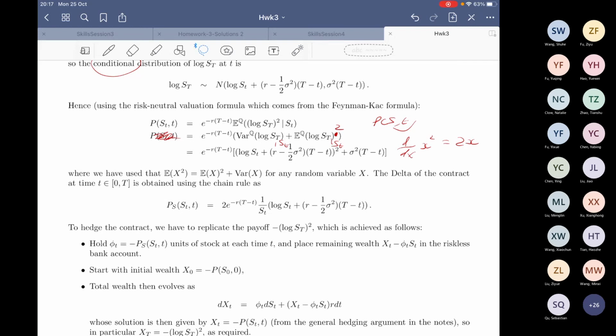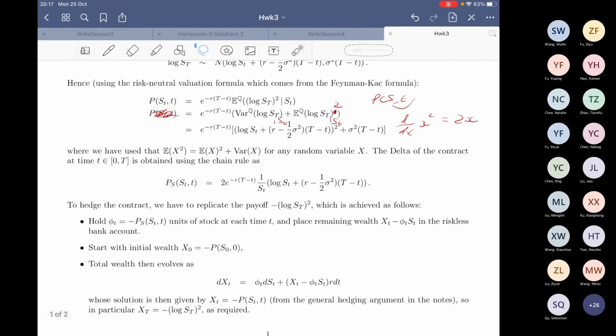You have to replicate the opposite of this contract. So you replicate minus log of S_t squared. To achieve that, you just follow the same general recipe that's in the proof in the lecture notes. You hold, well, it will be minus P_S(S_t, t), because we have this minus in front now.